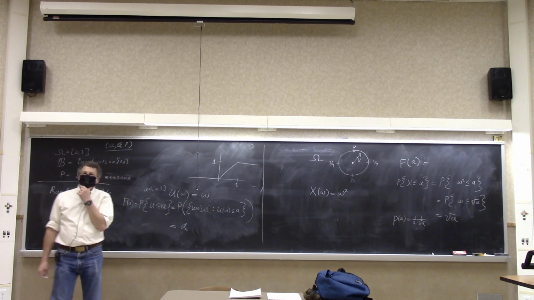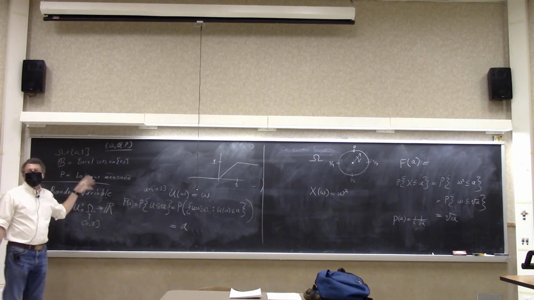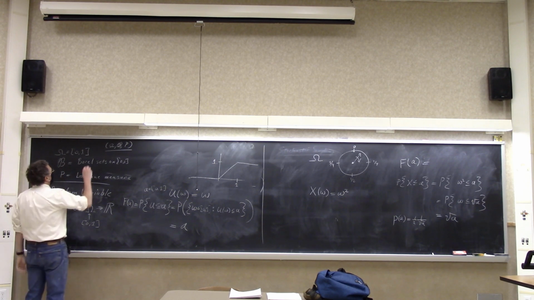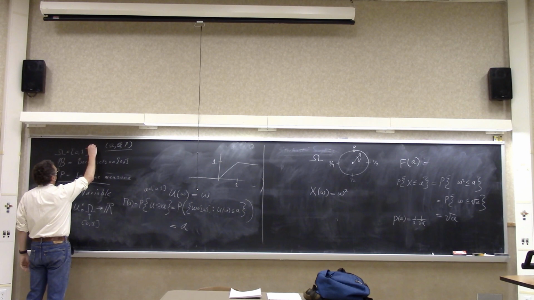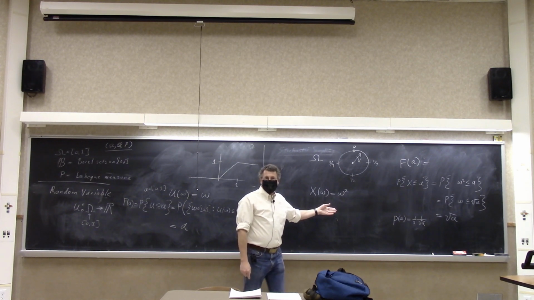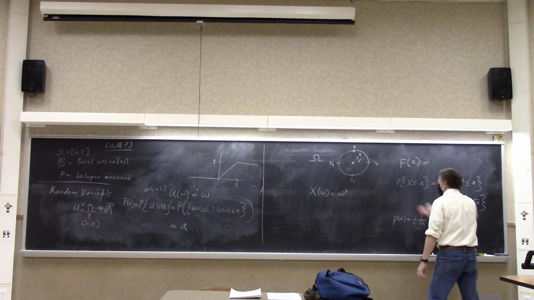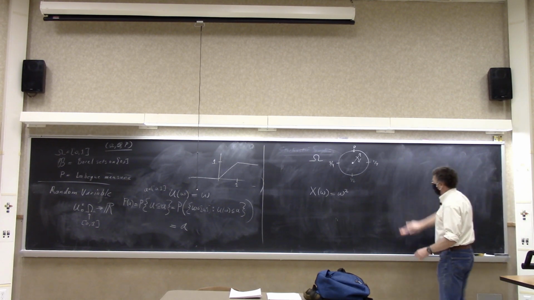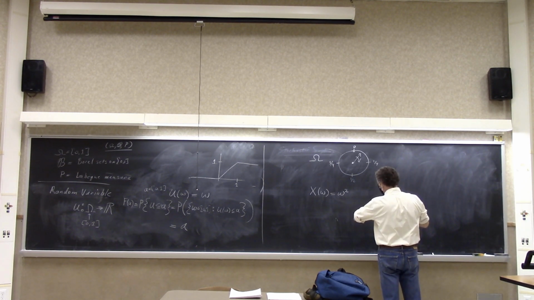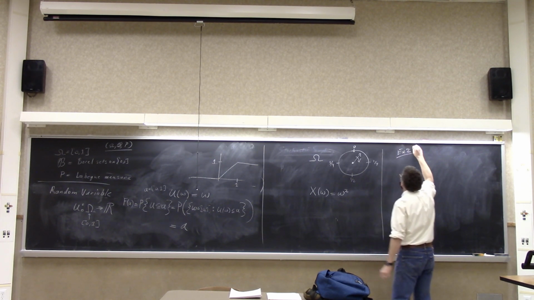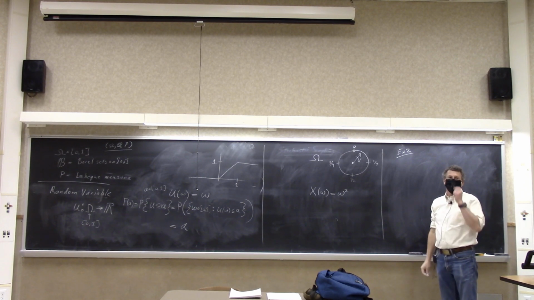Now, if I wanted to construct IID random variables, so do you understand this? If I wanted to construct IID uniform random variables, example 2, we did 2 examples today, okay?